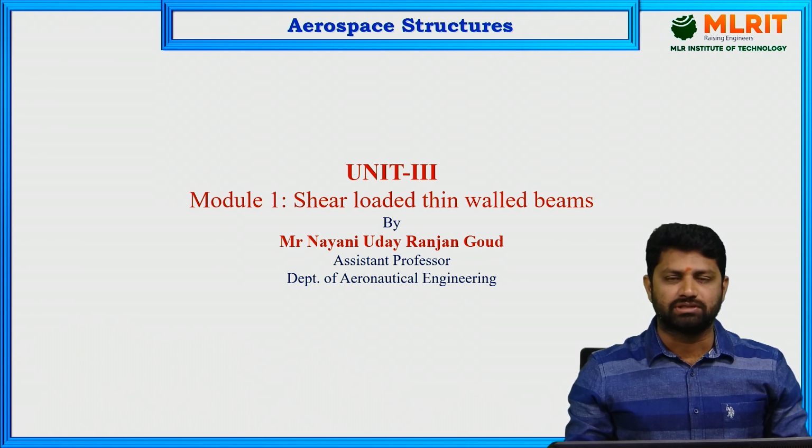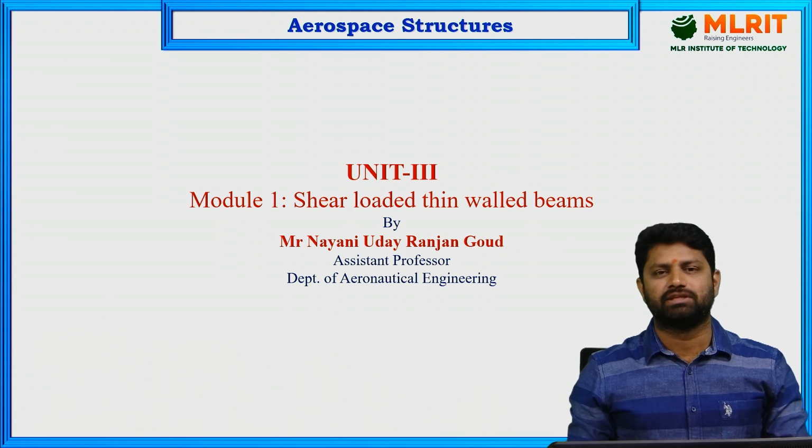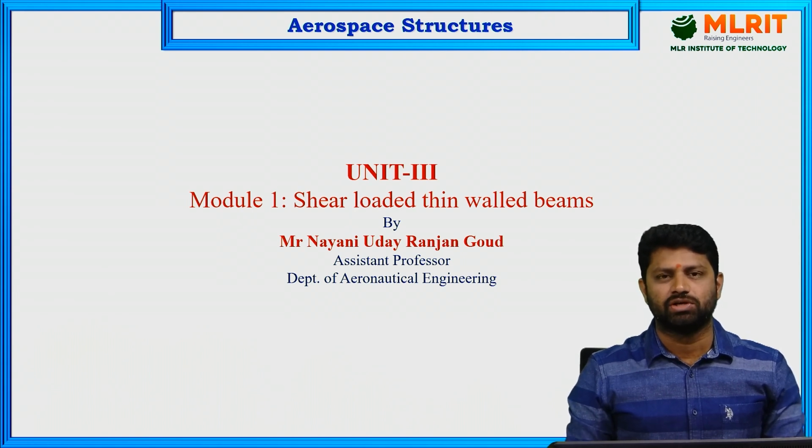Now we are going to start Unit 3, and this basically deals with the shear of open and closed section beams. We have seen already unsymmetrical bending of the beams in Unit 2. So now we are moving from bending to shear. Here we are going to see how the shear forces act on the beams, and how they create an impact in the calculation of stress distribution, maybe the shear stress distribution, followed by the shear flow.